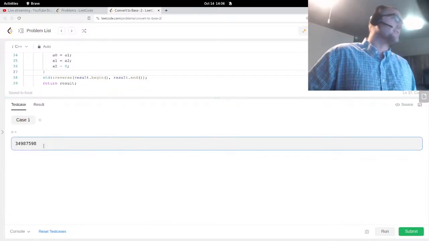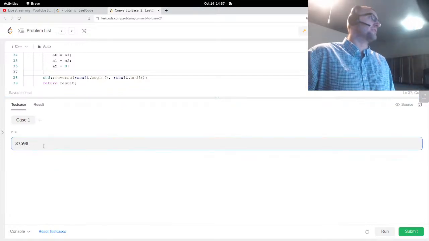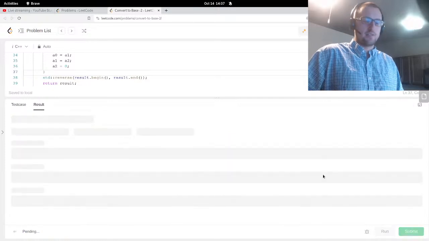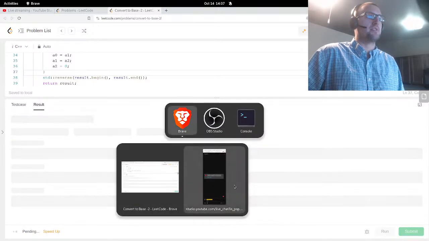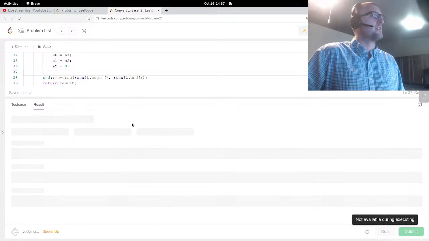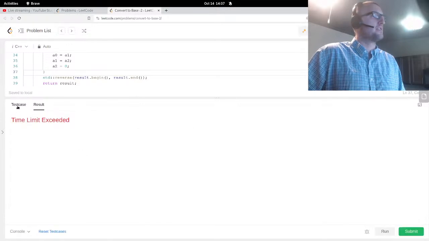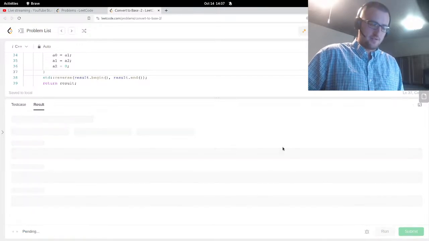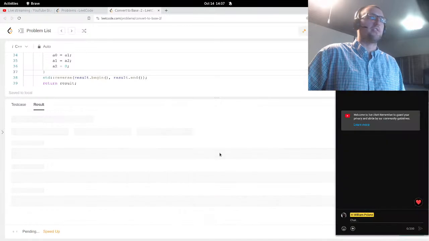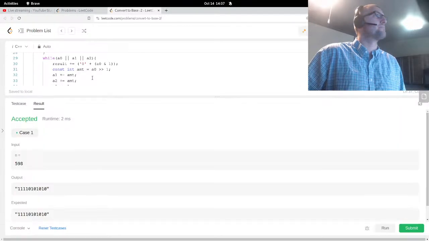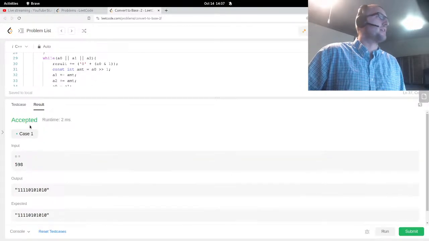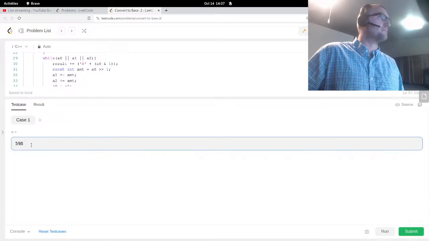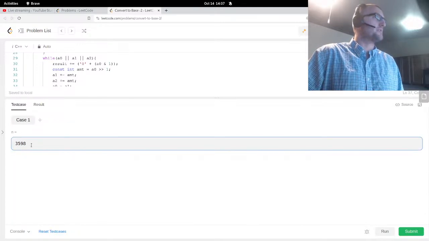This one TLEs. All right, let's take off a few digits. Try to analyze this a little bit better. Try to get an idea of why it's TLE. Is it 598? Is that why? I don't know what the issue could be. The 598 is fine. Add a few numbers to it.